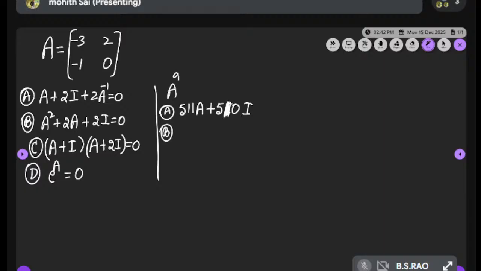Option B: 300A plus 104I. Option C: 154A plus 155I. Option D: e power 9A.